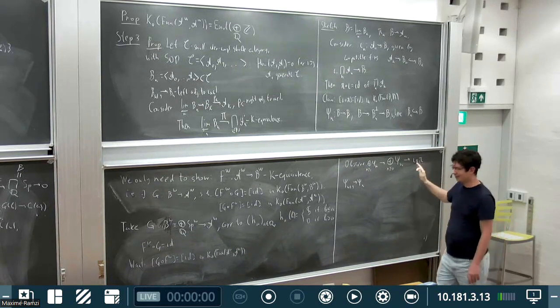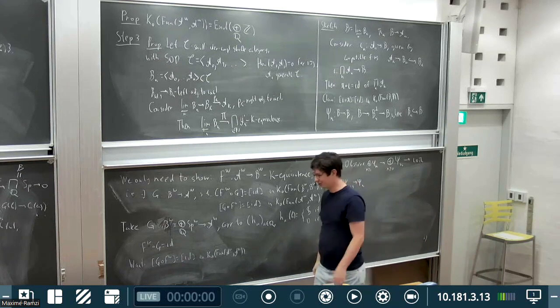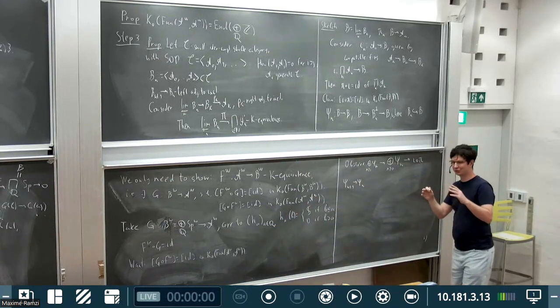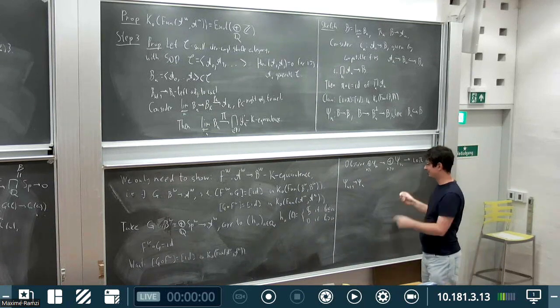This is quite easy to check. It's almost tautological, but you just need to be careful with infinite direct sums of functors on small categories. But this is well defined.